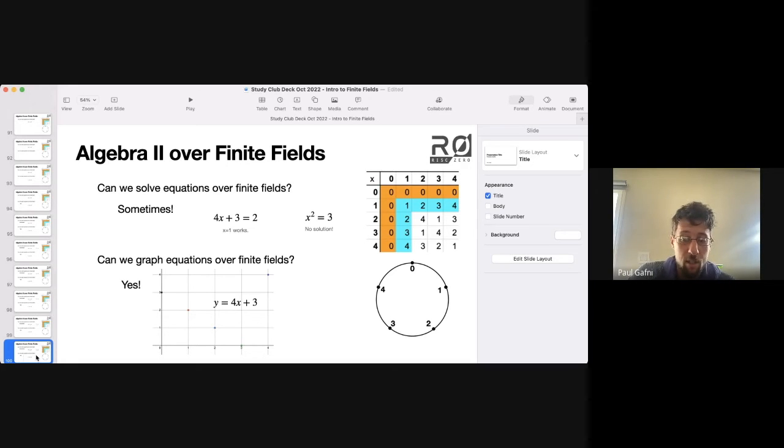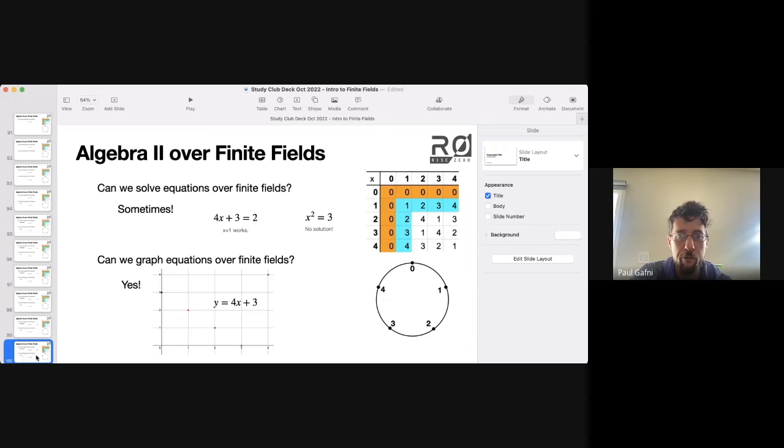The basic way that students are taught to graph equations, at least in the really elementary context, is just plug in some points. If you plug in x equals 0, what do you get? If you plug in x equals 1, what do you get? If you plug in x equals 2, what do you get? There's certainly nothing stopping me from plugging in points and then plotting the points on some sort of grid.